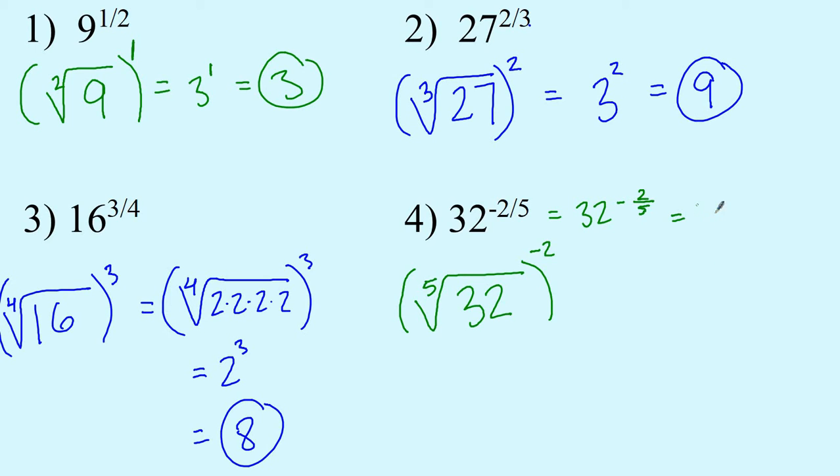Okay, so I like to think of it as 32 to the negative 2 over 5. Okay, there's a reason for that. All right, I'm going to deal with it last. So here, the fifth root of 32, that's just 2. A negative exponent, remember that little reminder at the beginning? That means fractions. So we put 1 over that, make it a positive exponent. So the answer now is 1/4.